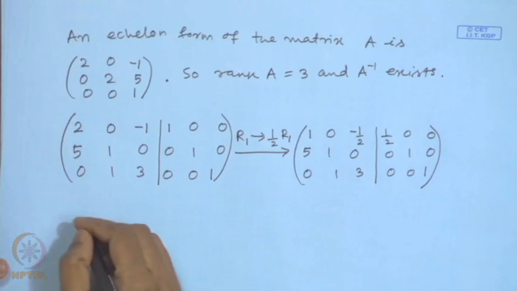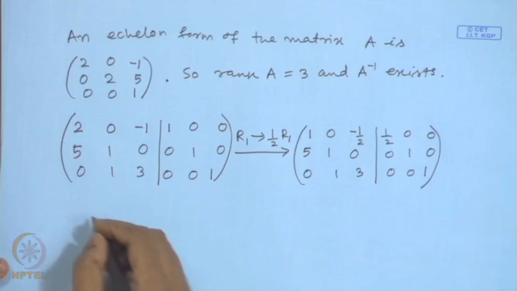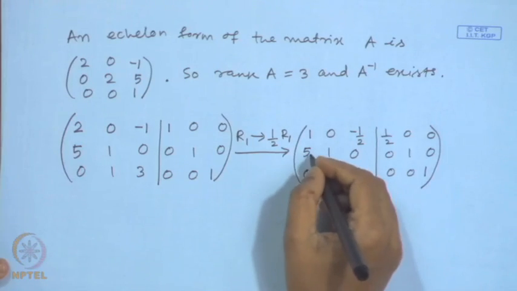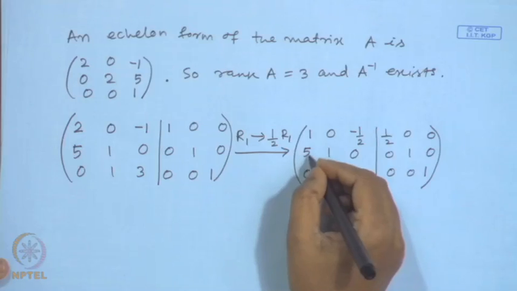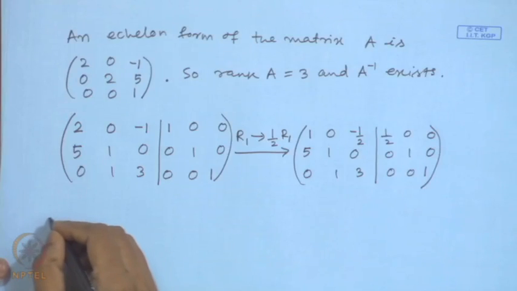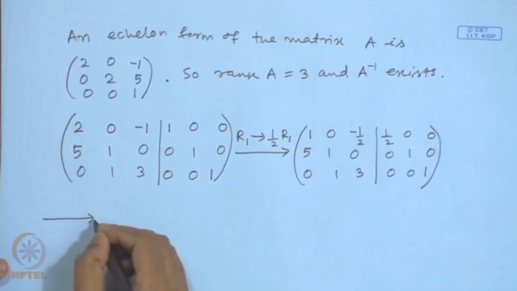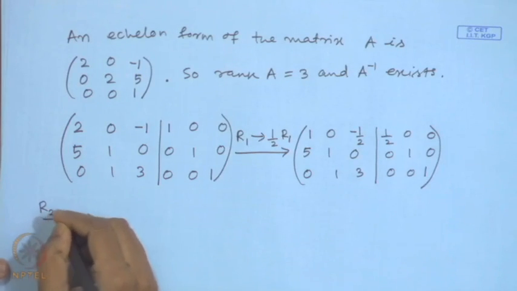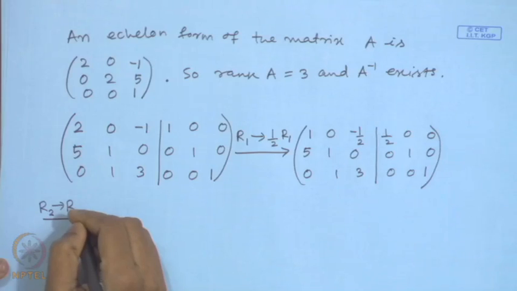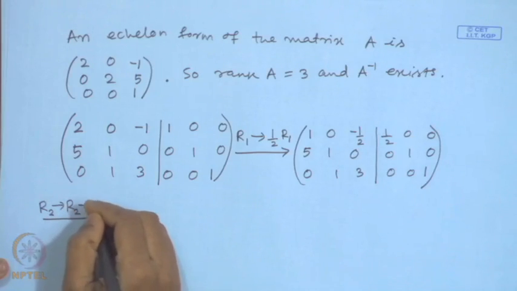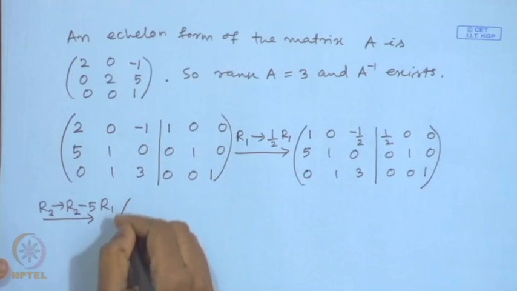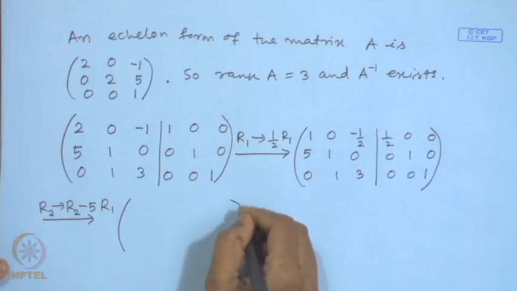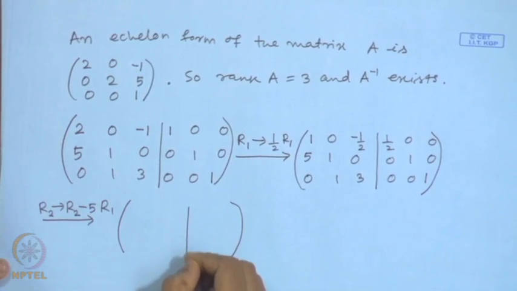Then again we apply elementary row operations to make the first entry in the second row equal to 0. Therefore, we apply this operation that R2 we replace by R2 minus 5 R1 and get this matrix B like this.